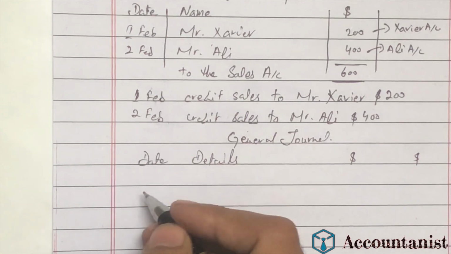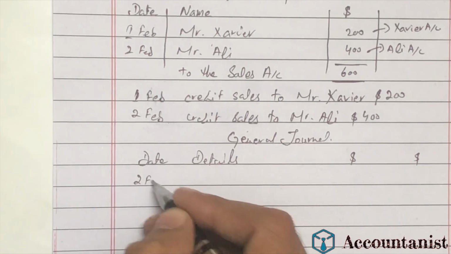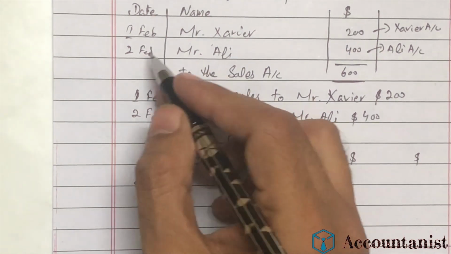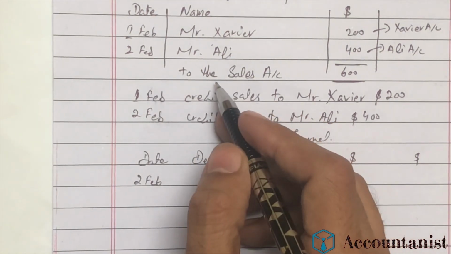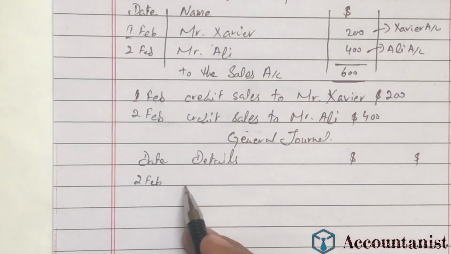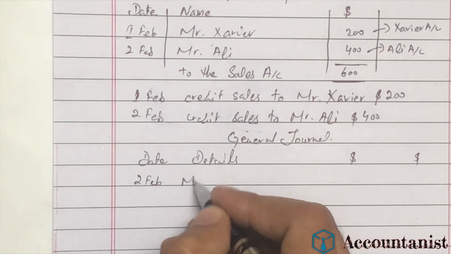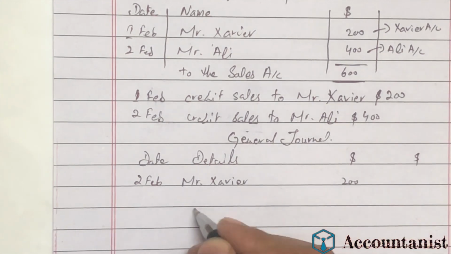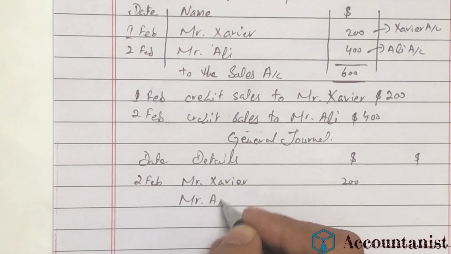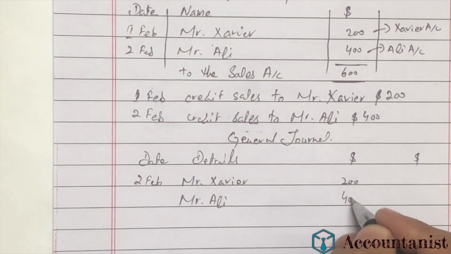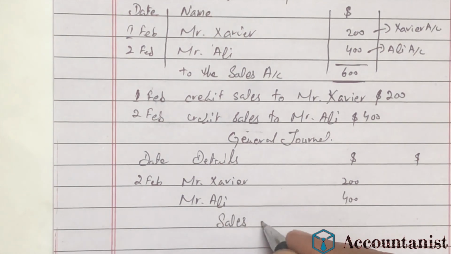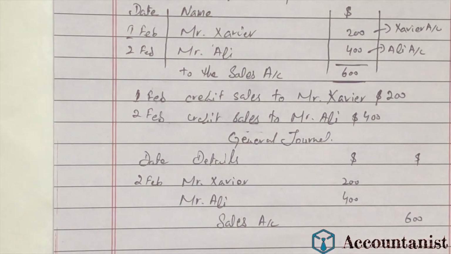We'll write down the date here, like 2nd of February, after all the entries we have done here. That will be the last date on which we make the total of this daybook. So we'll write down Mr. Xavier $200 debit, and Mr. Ali $400, and we'll credit the sales account by 600.